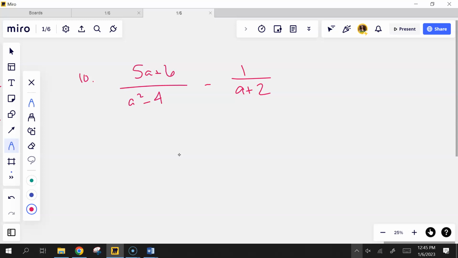Yeah, a minus 2, a plus 2. Nothing cancels. So I'm ready for my LCD, yes? What is the LCD?